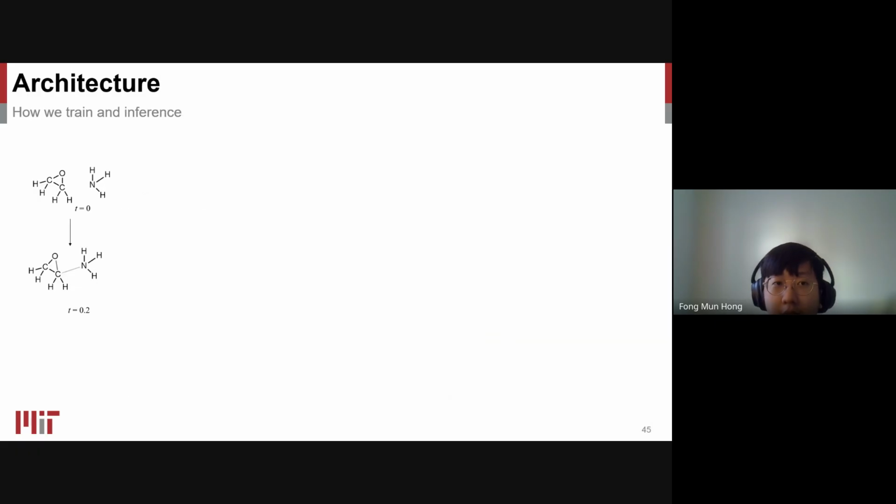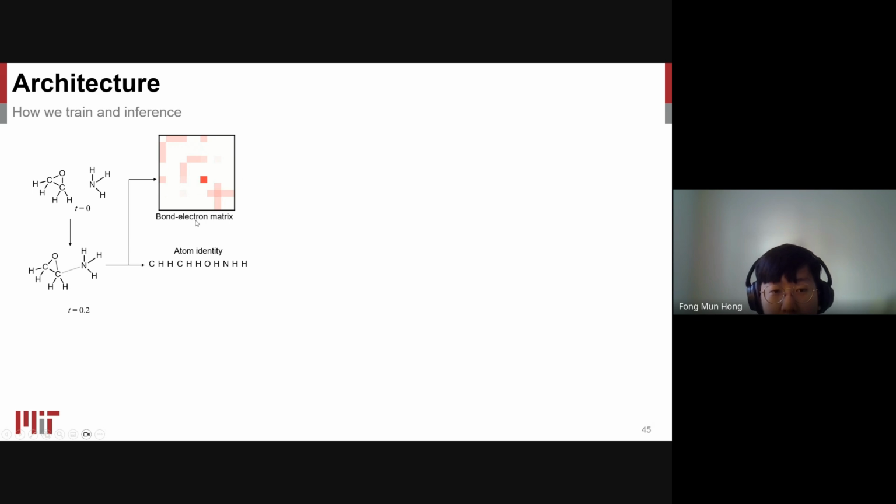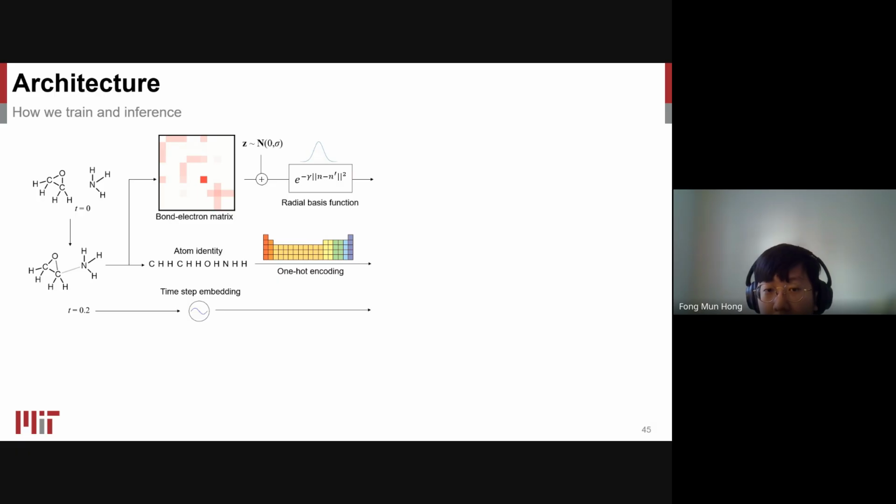Cool. All right. So with that, let's talk a little about the architecture. Given some intermediate step, we would first project it into the bond electron matrix and atom identity, and then feed it through some noise, and then use radial basis functions to make the scalar values into vectors. The atom identity is also projected using a one-hot encoding, and the timestep embedding is used.